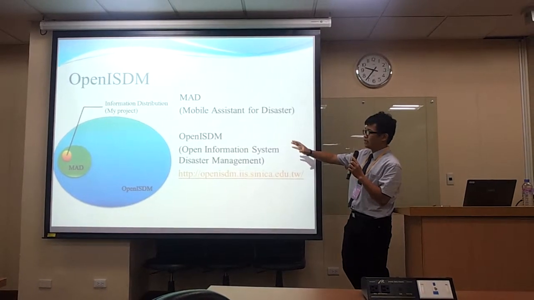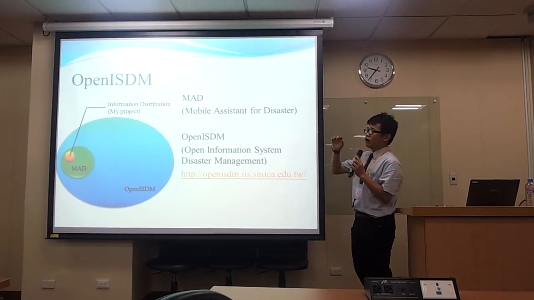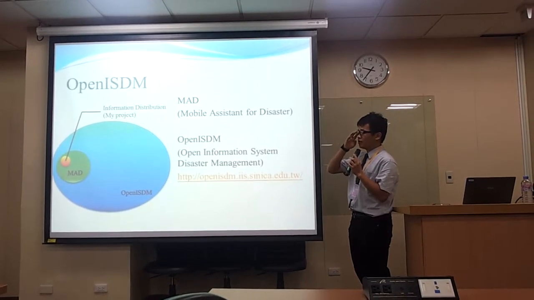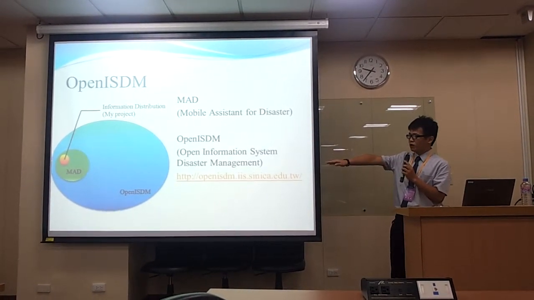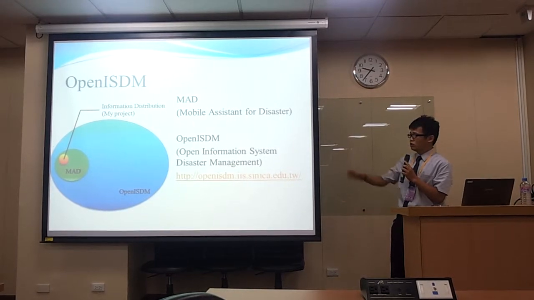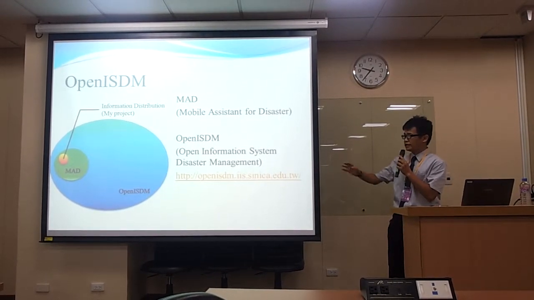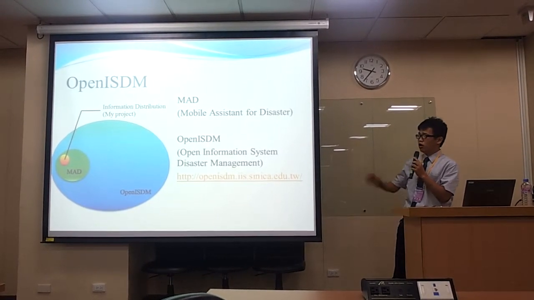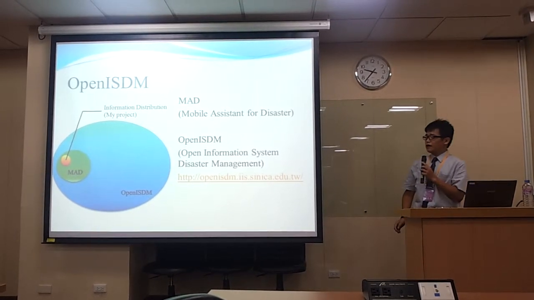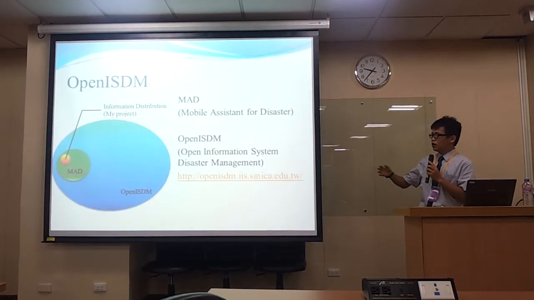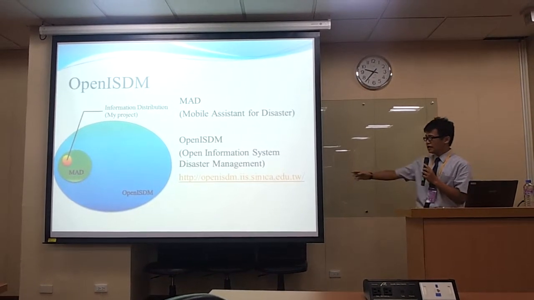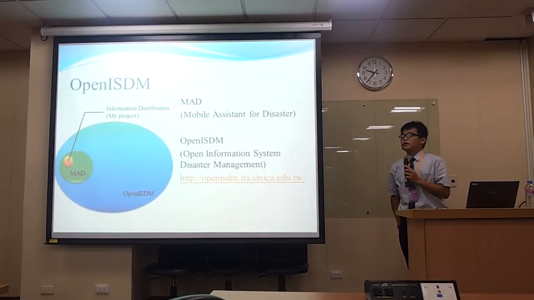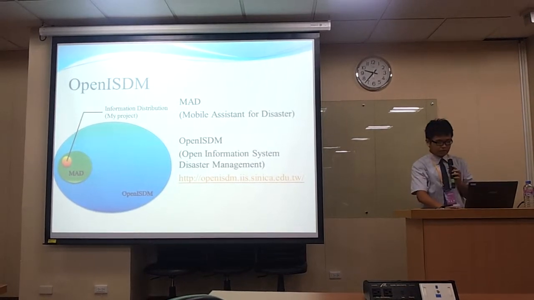And MAD is one of the important topics of a very big project called Open Information System for Disaster Management, OpenSDN. If you want to learn more about OpenSDN, you can click on this address and see more.